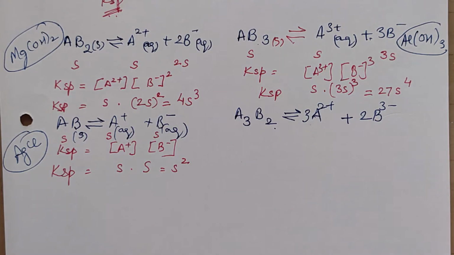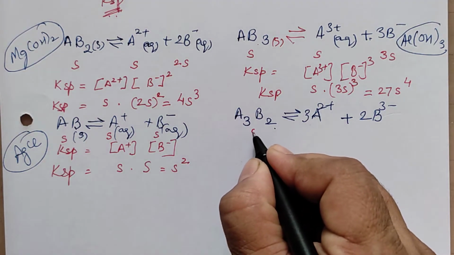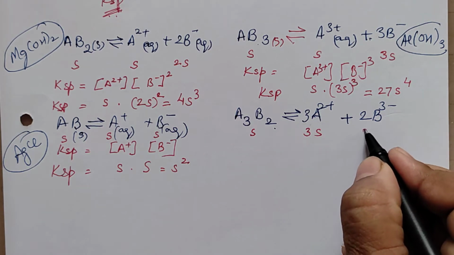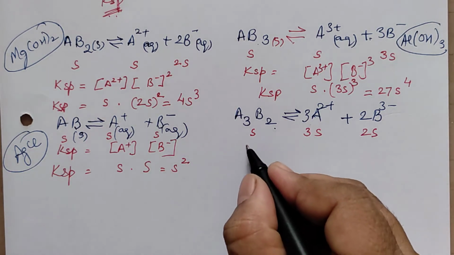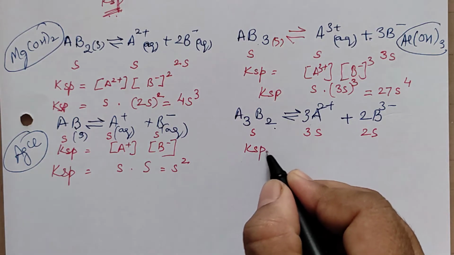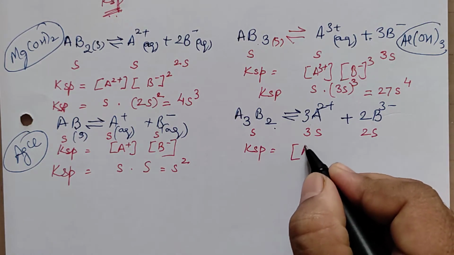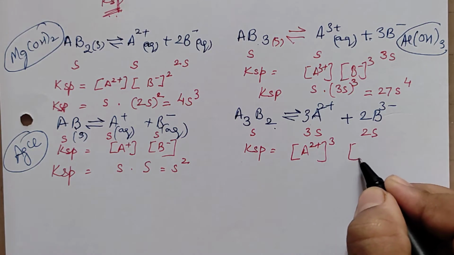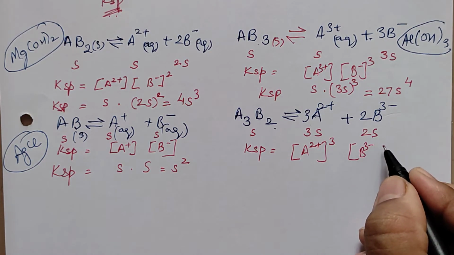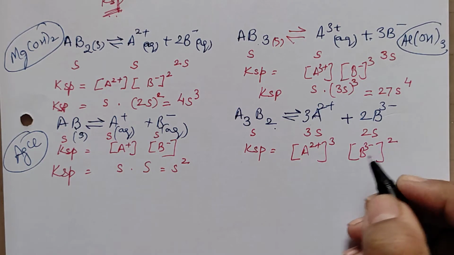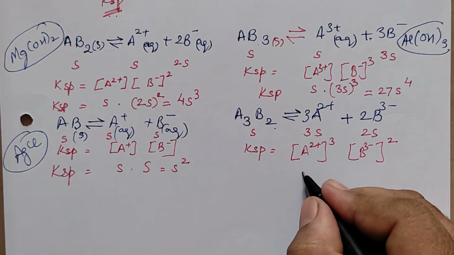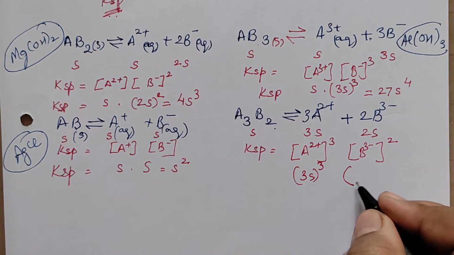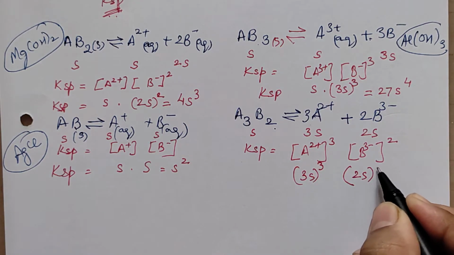In terms of the solubility, this is S, this will be 3S because 3 is the coefficient, and this will be 2S. Now in terms of KSP, we write KSP equals the concentration of A2+ to the power 3 multiplied by B3- to the power 2. Now we can put the values here: 3S to the power 3 multiplied by 2S to the power 2.